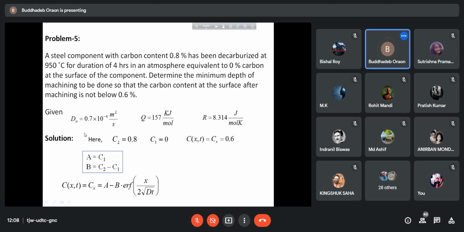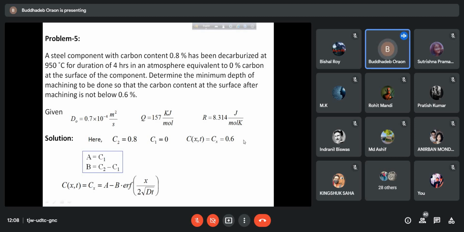What we have been given is that the initial C1 is 0.8%, then C0, the concentration of the environment, is 0, and Cx, the concentration of carbon at a depth X, equal to 0.6%.